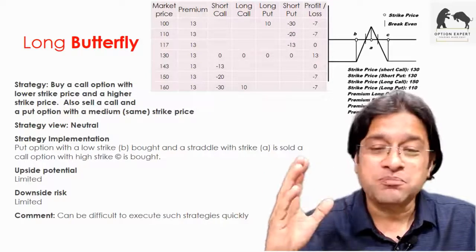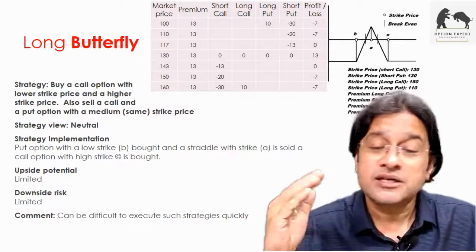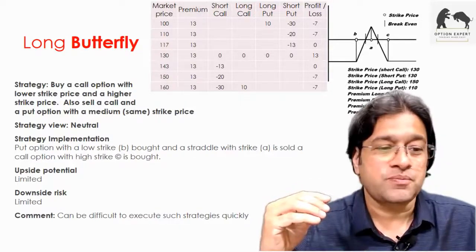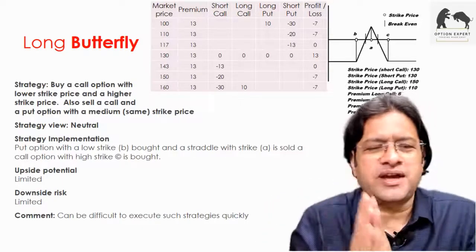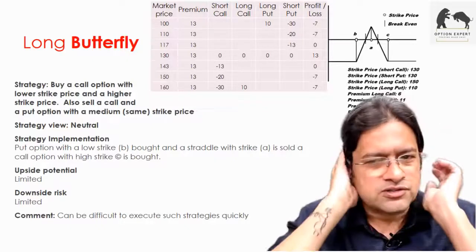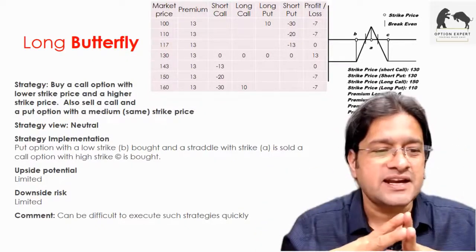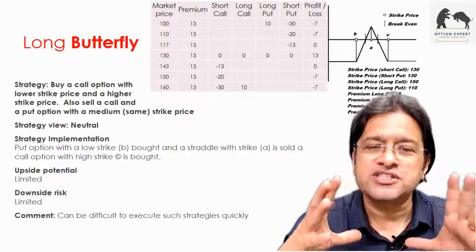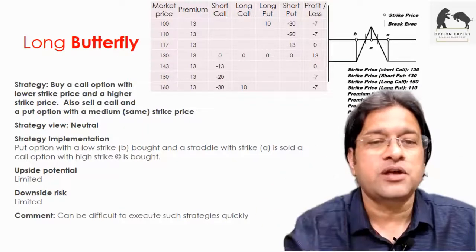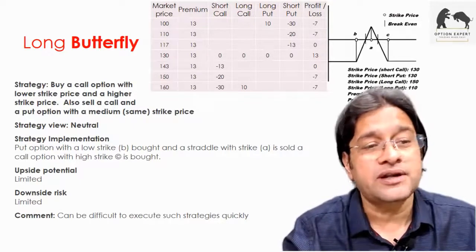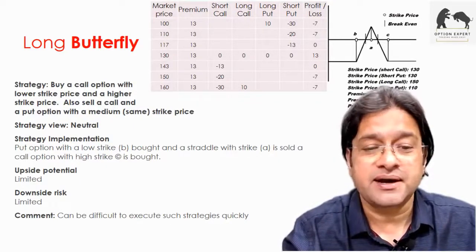The upside potential is definitely limited. Downside is also limited, you are curbing the downside. This can be difficult to execute. It involves a lot of calculation and understanding, and you cannot execute this strategy quickly in the market.